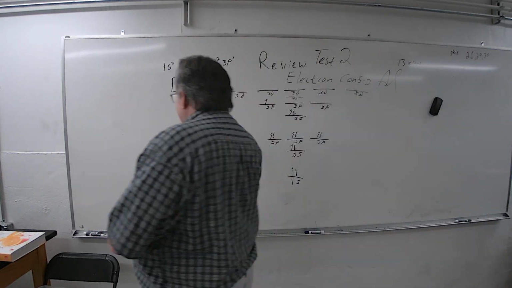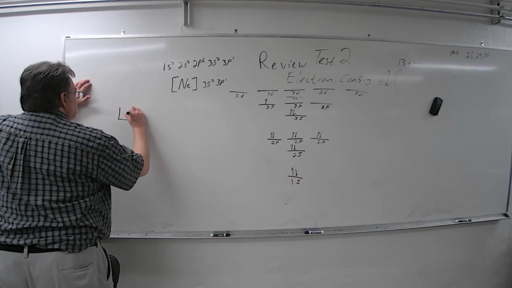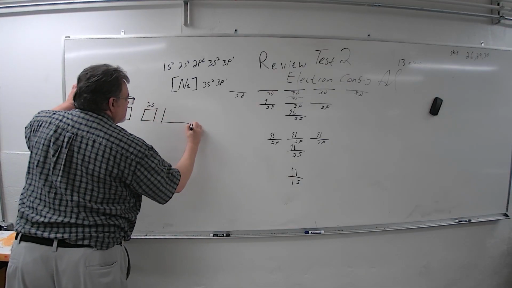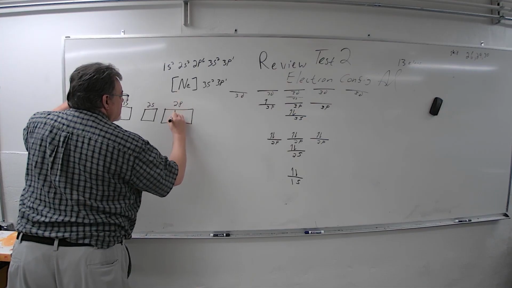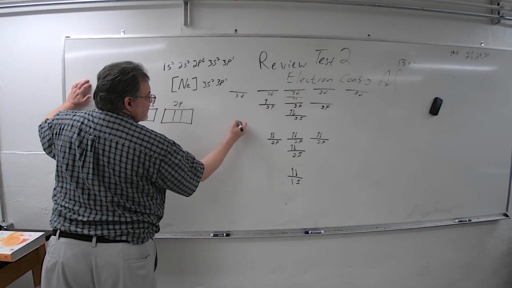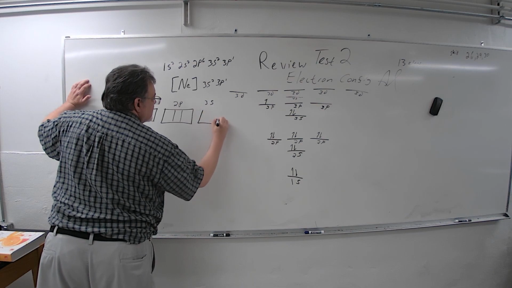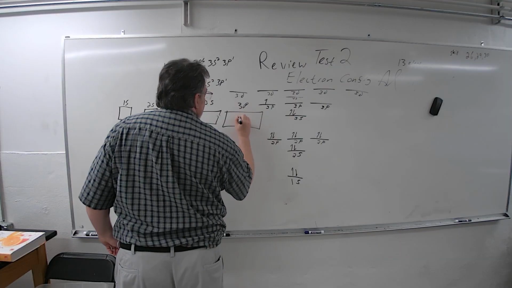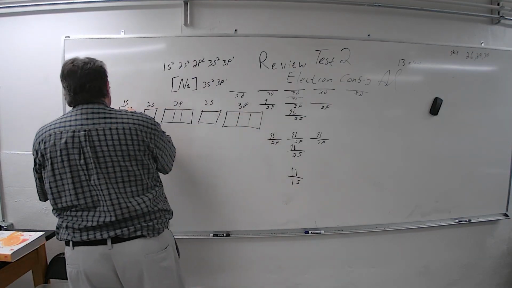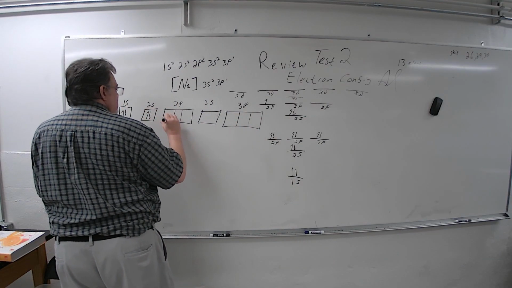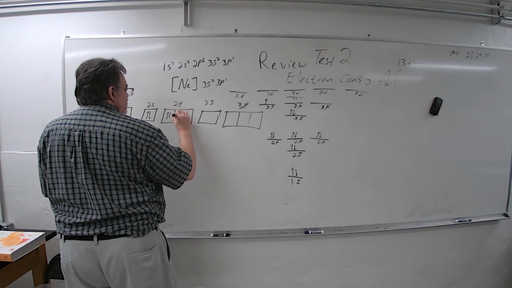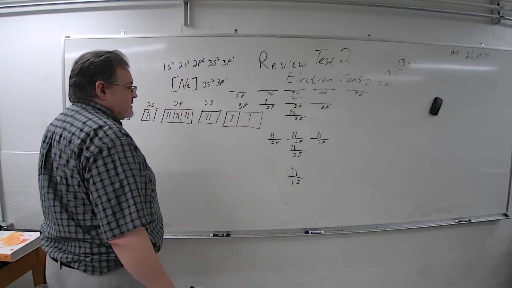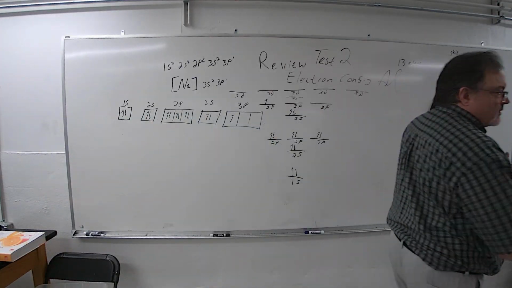The fourth way, with the boxes, is 1s, 2s, 2p, 3s, 3p, and you're just following the same game. 2 electrons up and down. 1, 2, 3, up and down. So there's another way to represent the same thing.